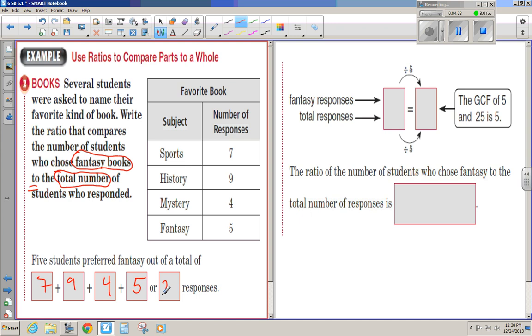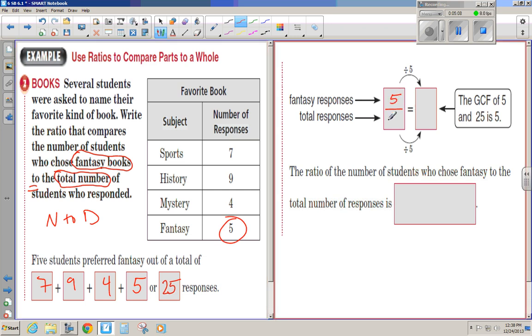I guess it's 25. So this means numerator to denominator. Fantasy books was 5. Total responses, 25. Divide both by 5 and you get 1/5. That means it's 1 to 5. So the ratio of the number of students who choose fantasy to the total number of responses is 1 to 5.